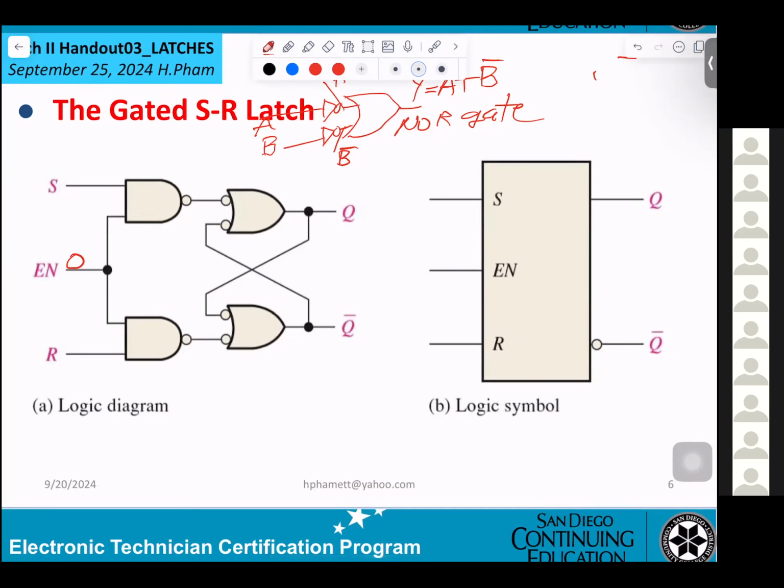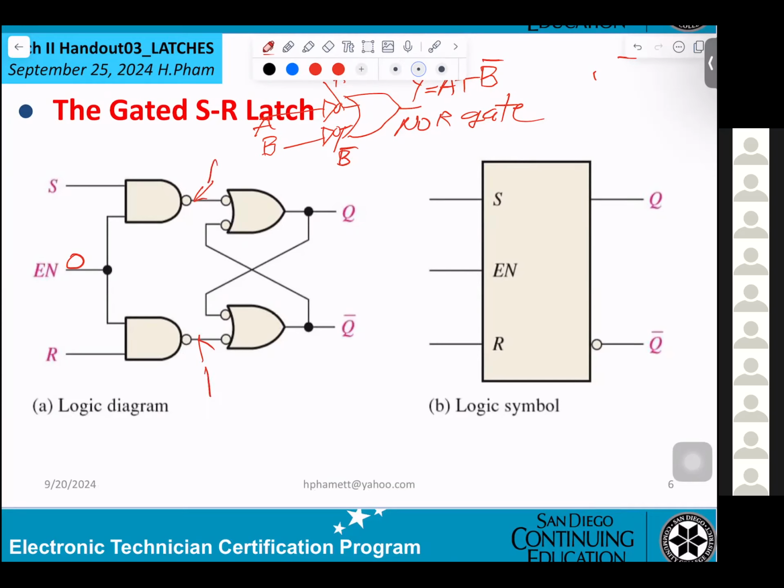Output will be not A or not B. Enable 0, you get a 1 here and a 1 here. So 1 will be not A, not B. That means output will be 0. Anything will be 0.